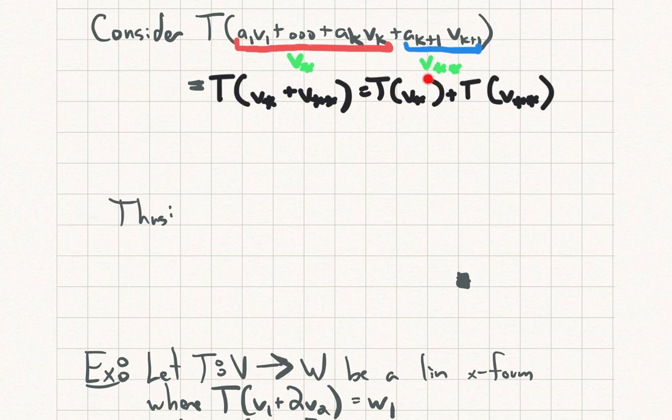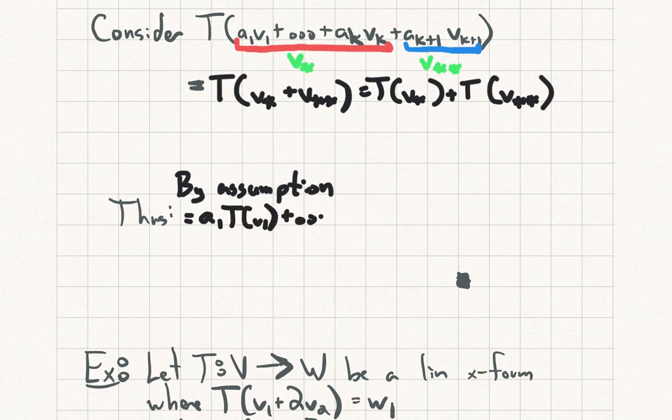So now, let's look at this T of V star. That's T of this bit. But by our assumption, we know that we can split apart k vectors. So let's go ahead and split that apart. So this equals a1 T of v1 all the way to ak T of vk. That's what we assumed. We assumed we could do it with k vectors.